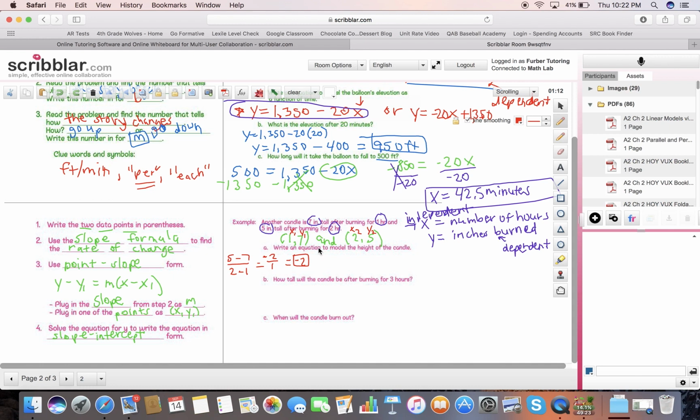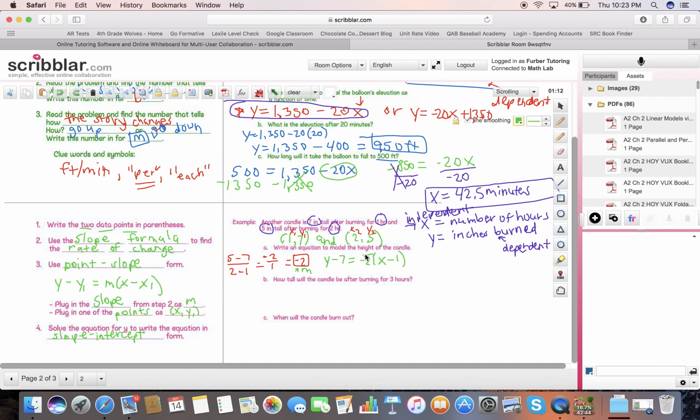Okay? So now let me write the model, but let me start out by writing it in point-slope form, and then I'll convert it to slope-intercept. Y minus y1. Y1, it doesn't matter which one I pick. I'll just go ahead and pick 7. Equals m. Remember, this is m. -2 times x minus x1. x1 is 1. I'm choosing this data point to use.